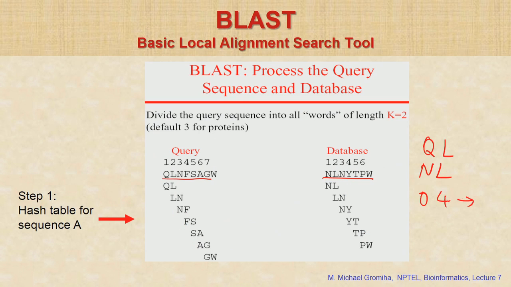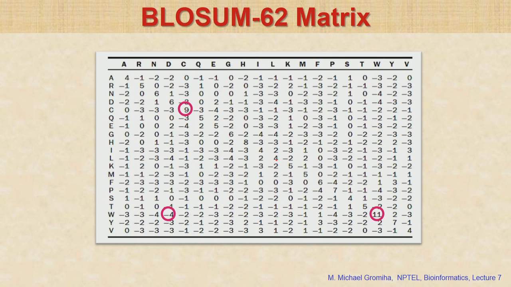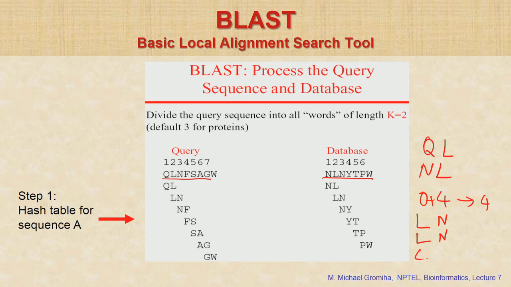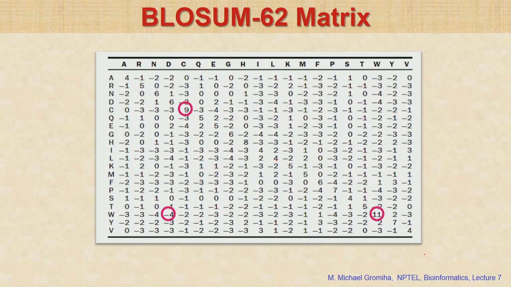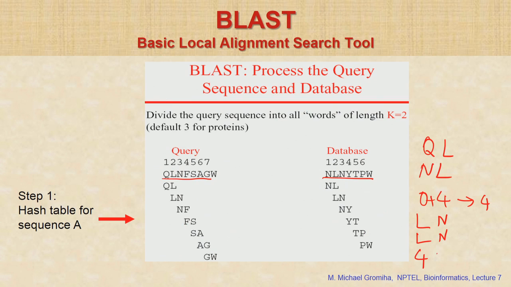So the total will be 4. Now if you use LN and LN, the second one, what is the score for L L? L L is 4, right. How about N N? N N is 6, so that is equal to 10.